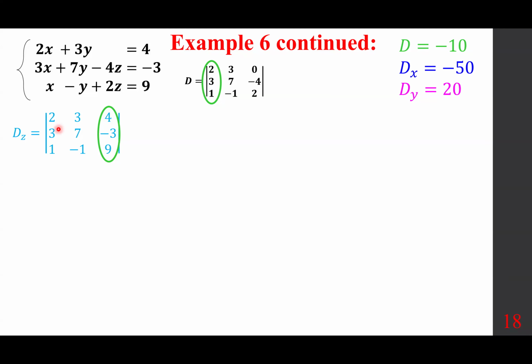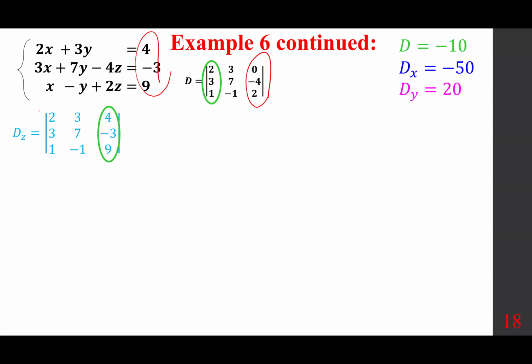We are going to expand it again with respect to the very first one. This column is 4 minus 3, 9. That's what we are saying here. In other words, this column has been changed to this one.